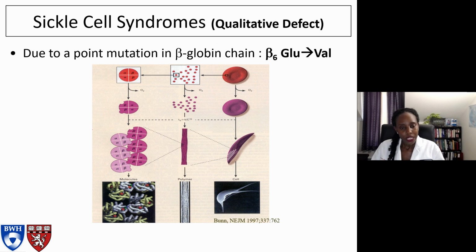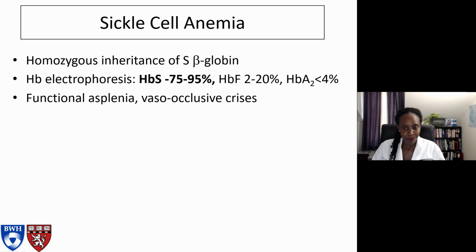Now, under conditions of deoxygenation, red cells that have sickle hemoglobin change conformation in such a way as to allow docking of hemoglobin molecules that form 14-fiber polymers that align themselves in red cells and cause the sickle shape.